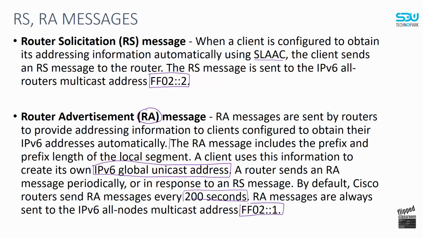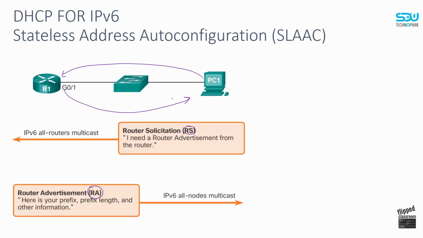FF02::1. So as you see from the information about the RA, when your router gives a reply to the client, it is saying that, for example, in our router we have configured a port like 2001:AAA with prefix 64.